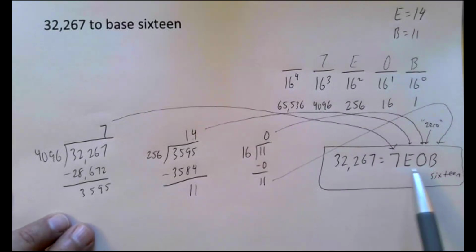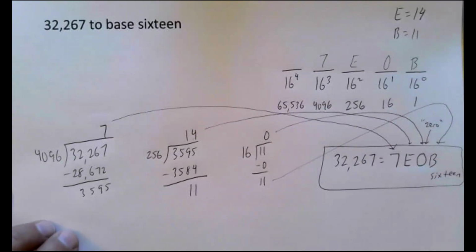32,267 equals 7E0B base 16. That is the number 0 right there.